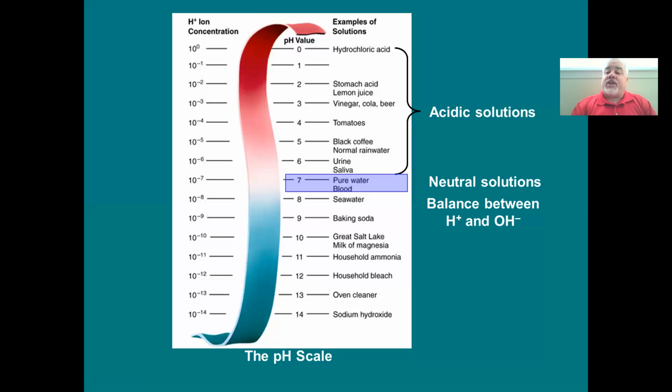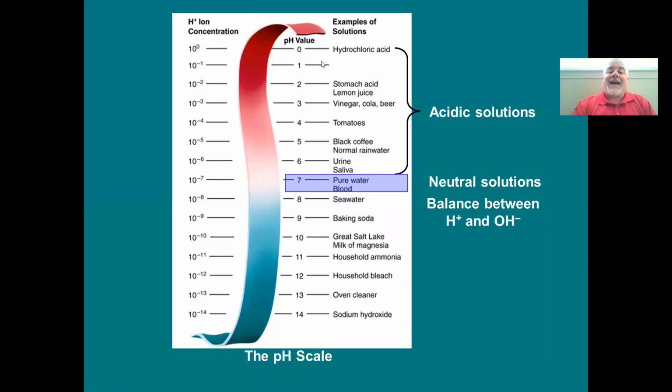If a hydrogen ion does somehow appear in that solution, it's going to immediately bump into a hydroxide ion and turn into water, and it's gone out of the solution. It didn't disappear, it just turned into water. It's no longer acidic. Okay? So that's what these hydrogen ion concentration numbers mean.